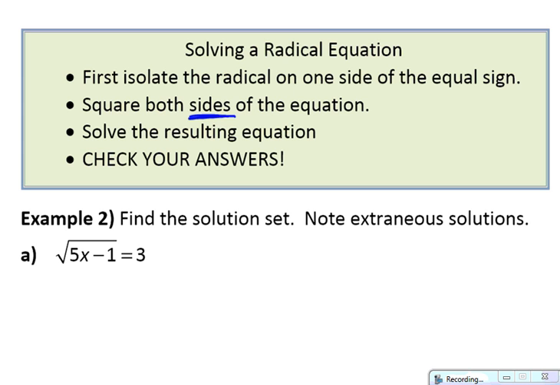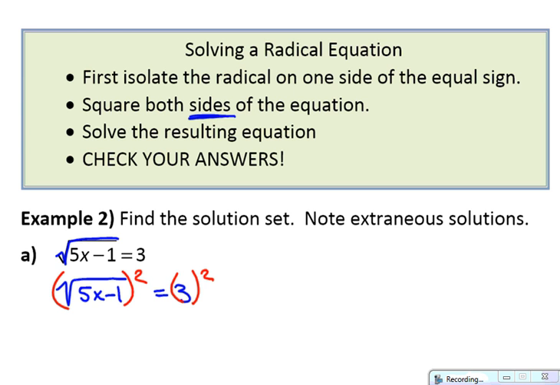So we've got a radical. To undo it and get the x out of the radical, we're going to square both sides. So I'm going to take the square root of 5x minus 1 is equal to 3, and I am going to square both sides of the equal sign, as a big clump.